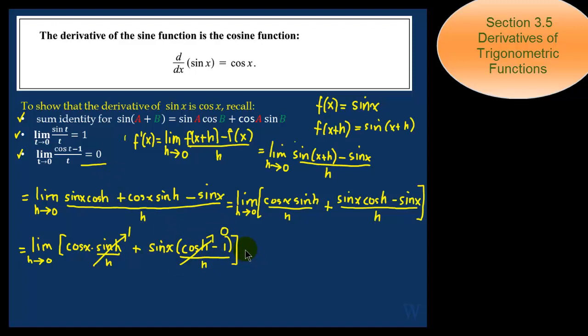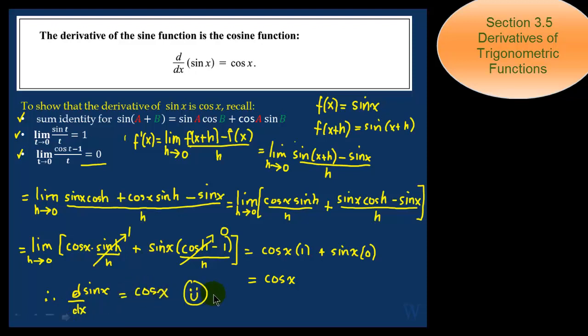So what we've got so far would now be cosine of x times 1 plus the sine of x times 0, and therefore the limit of this whole quotient expression is equal to cosine x. Therefore the derivative of sine x, of course with respect to x, is equal to cosine x. Done.